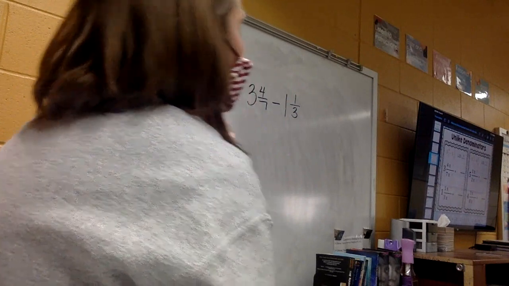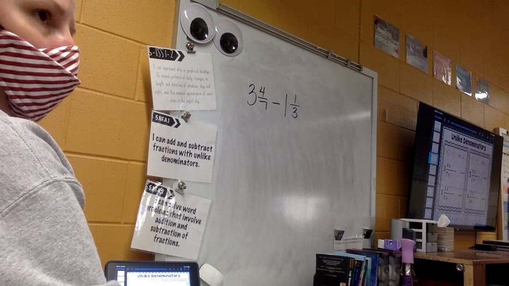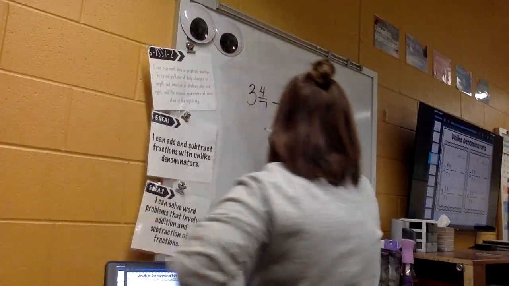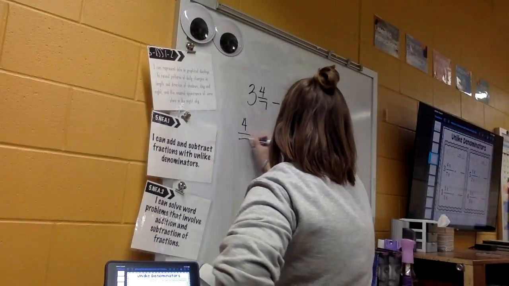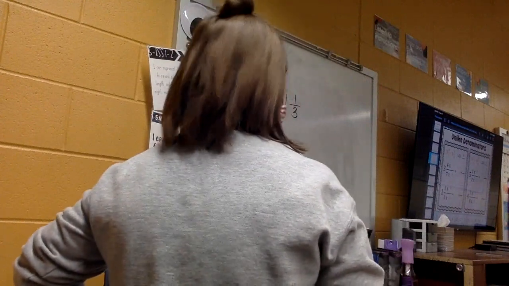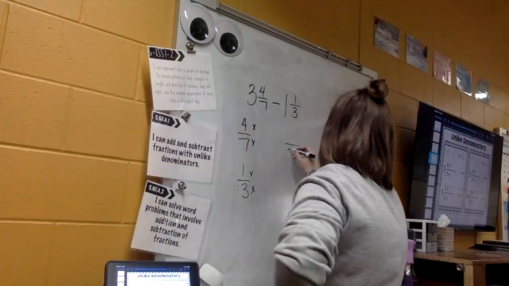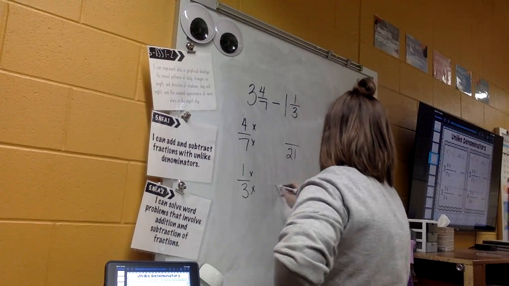All right. So I have to find my least common denominator, which is going to be what, Mallory? 21. Mallory says 21. 4/7, 1/3. We're ignoring the whole number for right now. 21.